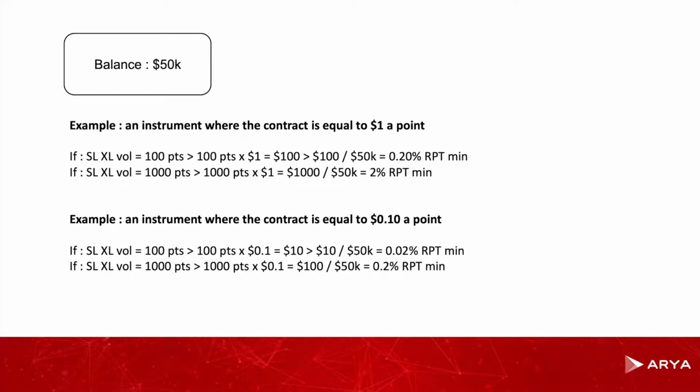We then end up with, out of a $50,000 balance, 2% risk per trade as the minimum. So you can begin to see there's a very sizable difference in terms of the risk per trade, just depending on the volatility of the market itself, even though you're in the same contract.